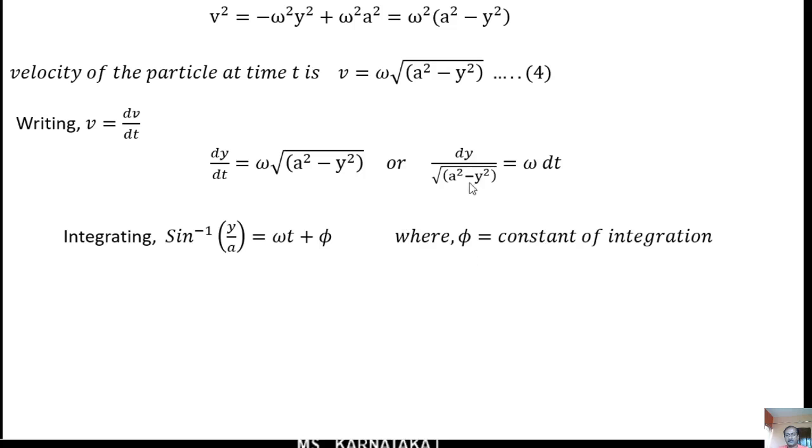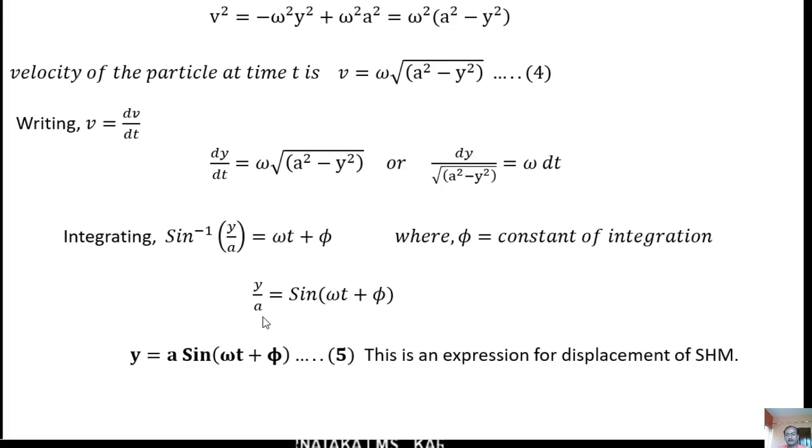Now, y by a equals, when the sin term comes towards the RHS of the equation, it becomes sin of omega t plus phi, where phi is the constant of integration in this equation. Then you just cross multiply this a amplitude factor towards the RHS. Then it becomes y equals a into sin of omega t plus phi. That is equation 5.